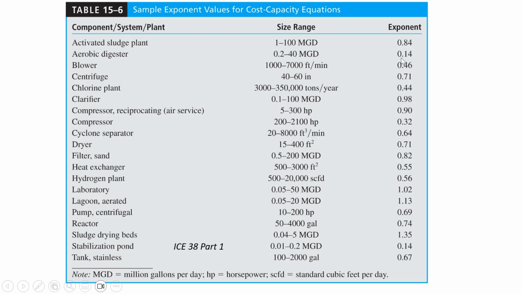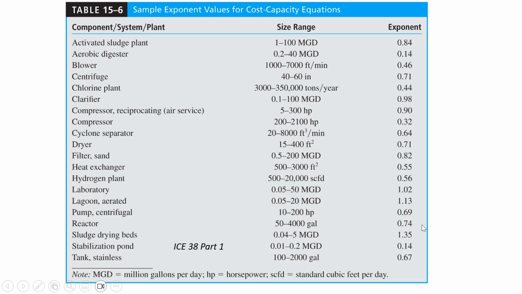So this is showing that, for example, what we're looking for is maybe the extremes. A really low correlating exponent for an aerobic digester. That means you can get a much larger tank for just a little bit more money. And then some of these are pretty close to 1. Like here, the laboratory correlating exponent is 1.02. So that means there's just a very slight diseconomy of scale if you're building a larger laboratory compared to a smaller laboratory.